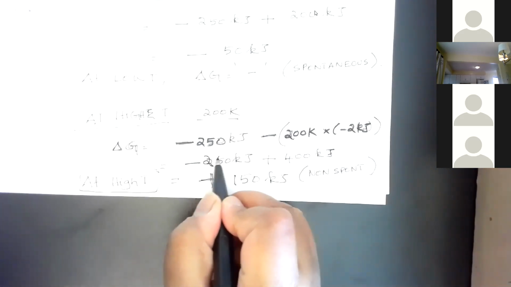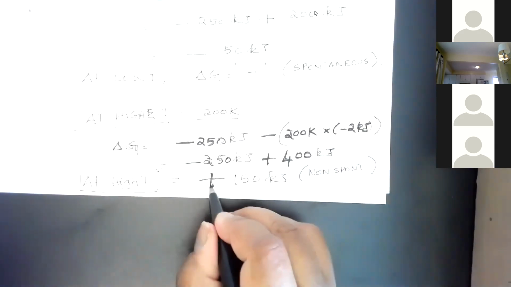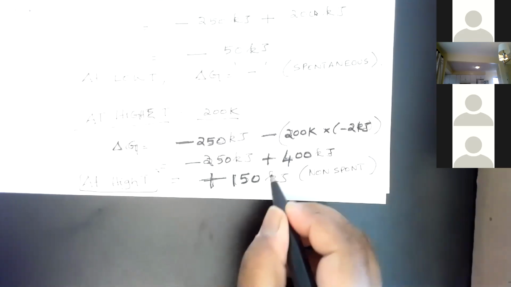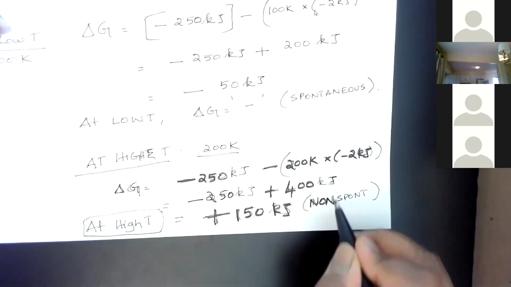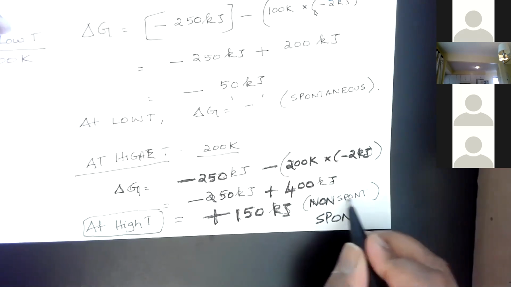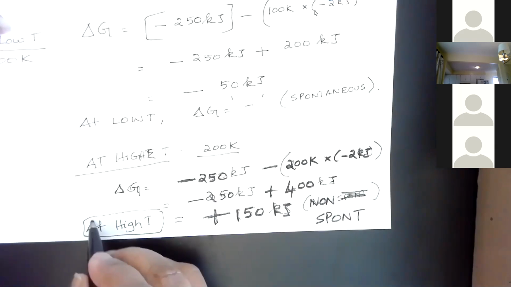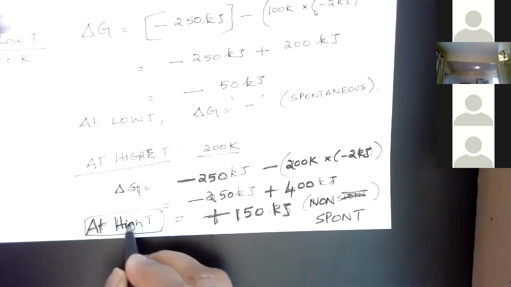This is 2 kilojoules minus 250. This is plus 400. Okay. Non-spontaneous at high temperature.